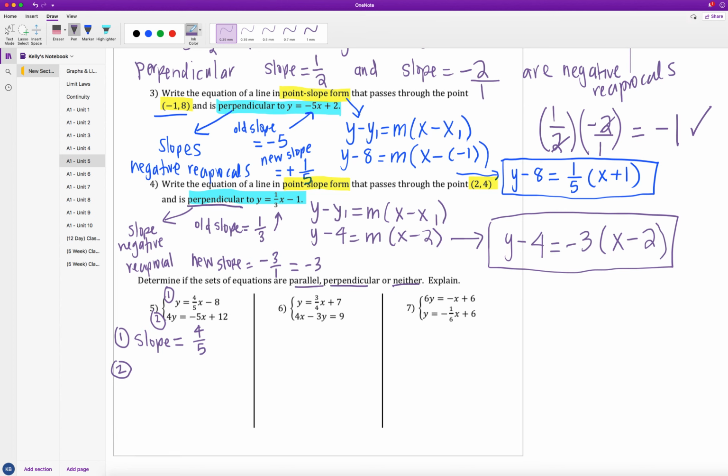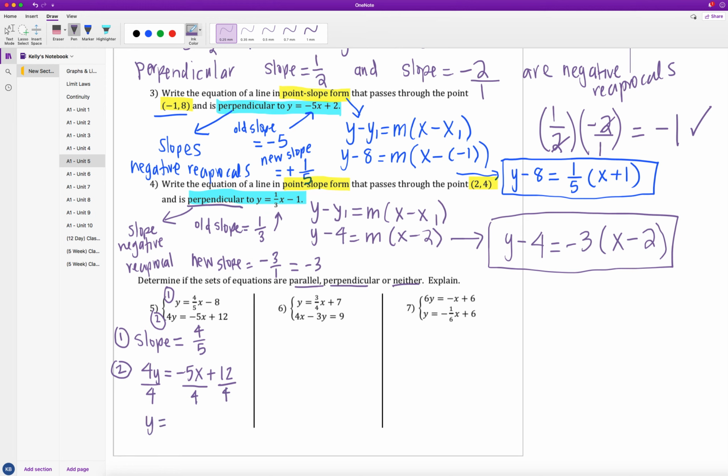So I need to change this equation of 4y equals -5x plus 12, and I'm going to change it to slope-intercept form because it would be really easy to divide through by 4 and isolate the y. But remember, when I divide one side through by 4, I have to divide the entire other side through.